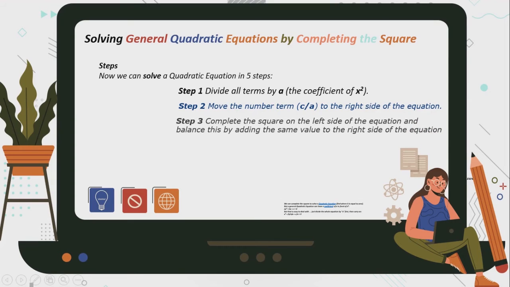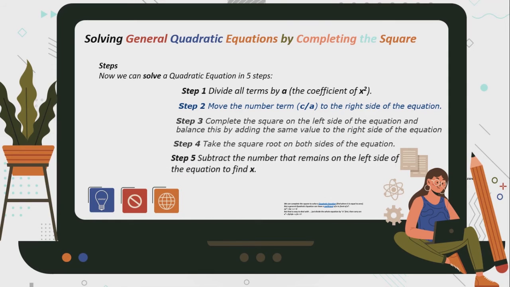Complete the square on the left side of the equation and balance this by adding the same value to the right side of the equation. Step 4. Take the square root on both sides of the equation. Step 5. Subtract the number that remains on the left side of the equation to find x.